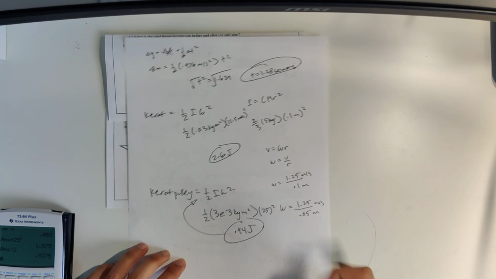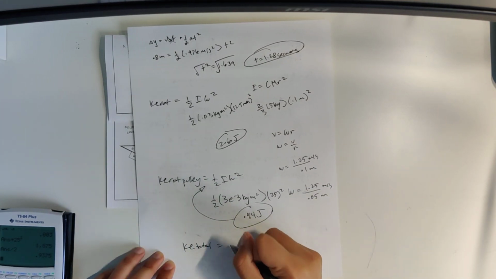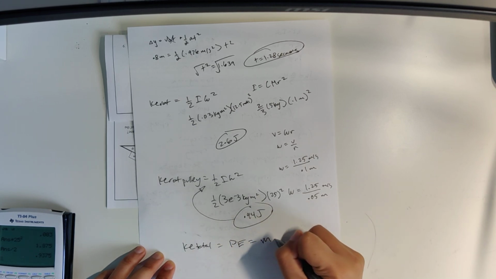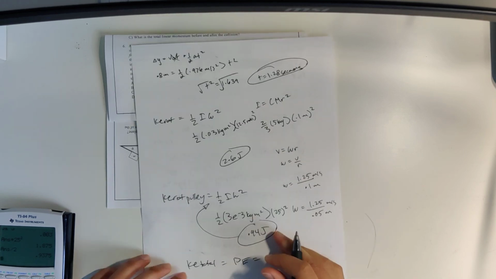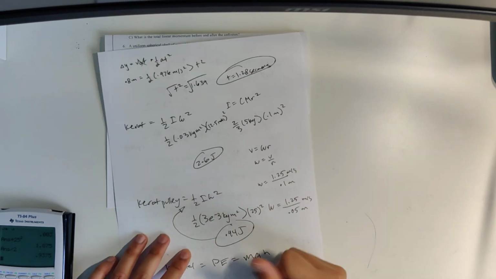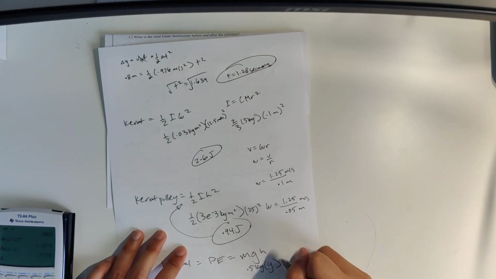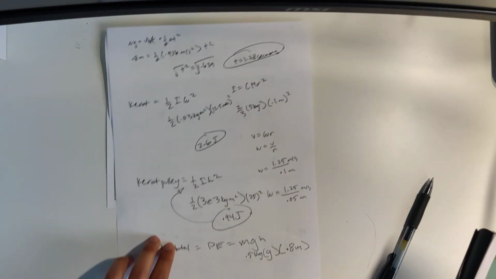So all that would be is your KE total would be equal to your PE is equal to your m, little m, g h. Your mass was 0.5 kilograms. g is a constant, and h, you went down 0.8 meters.